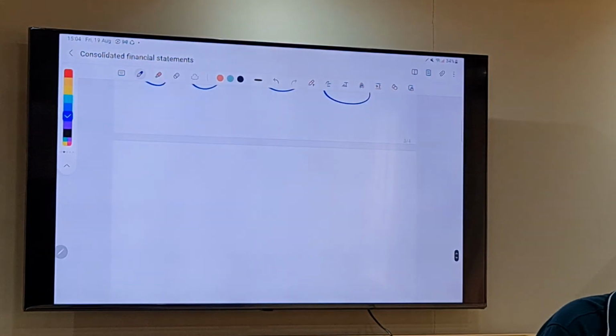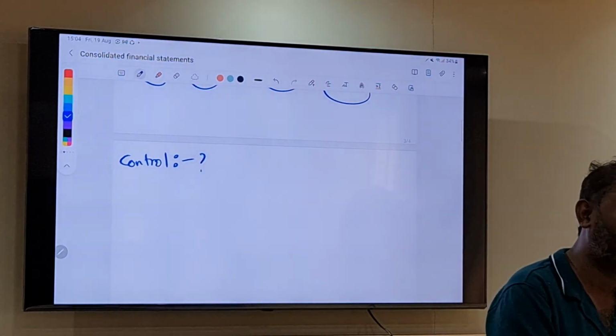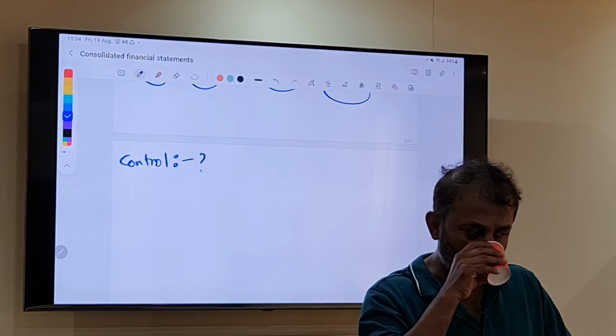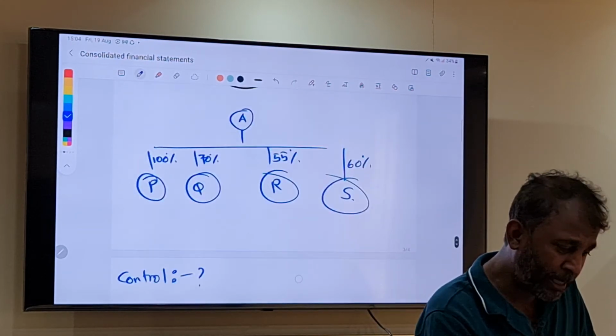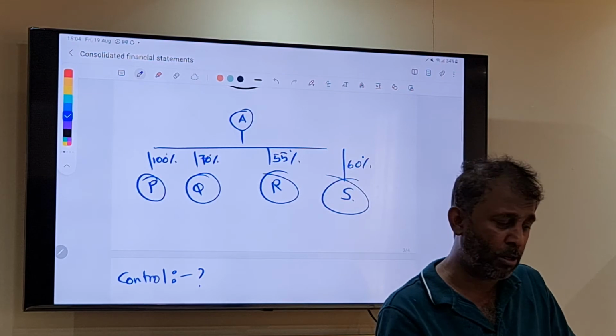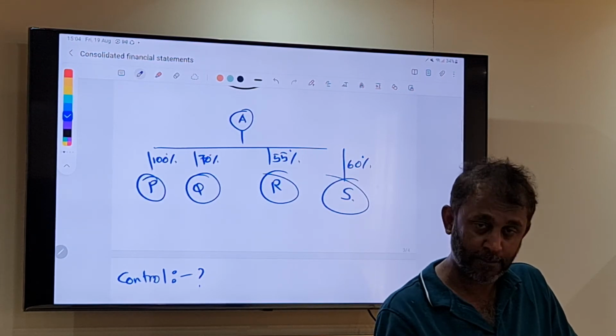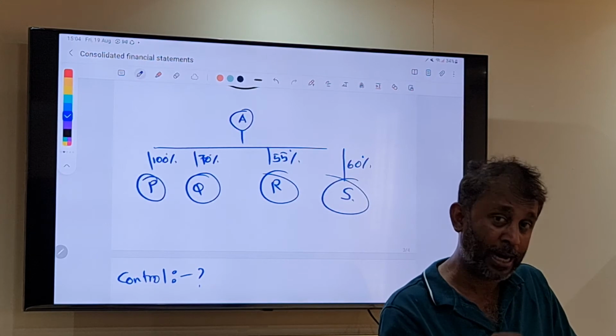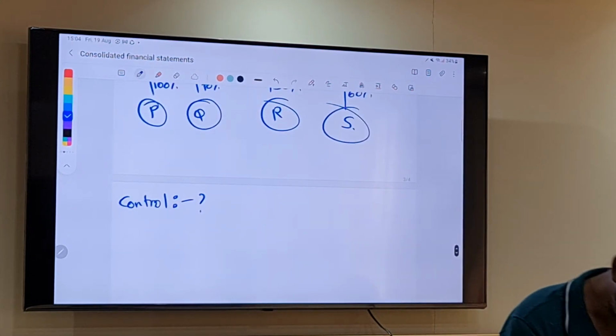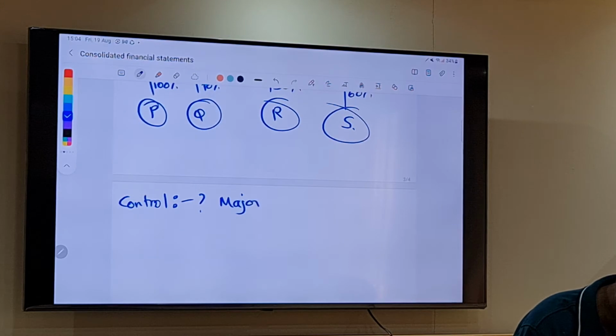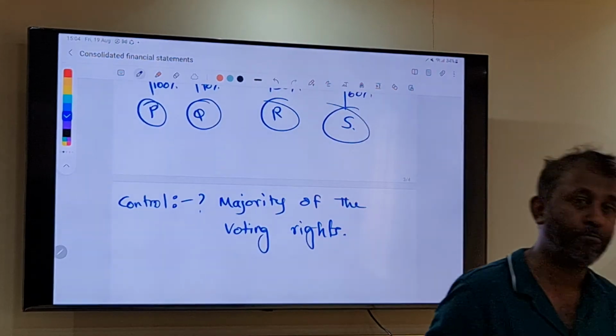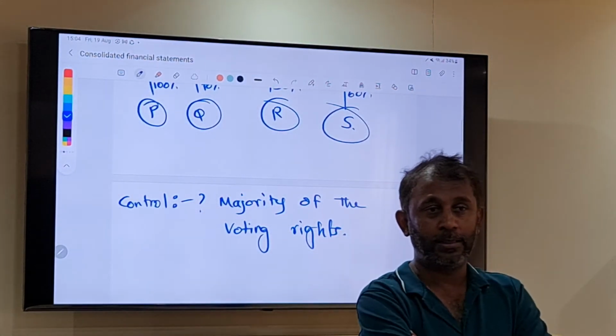Now we talk about control. What do you mean by control? For company A to secure the control of companies P, Q, R and S, company A must have the majority of the voting rights.